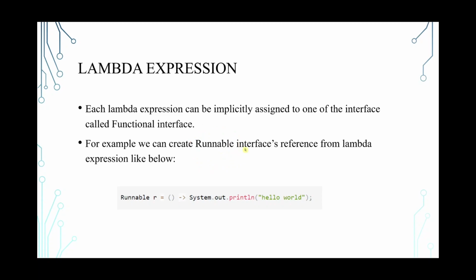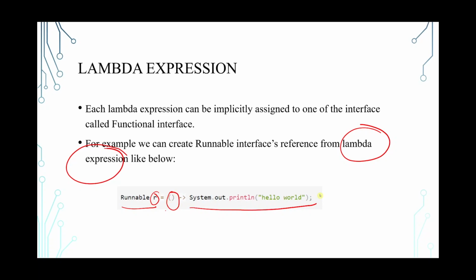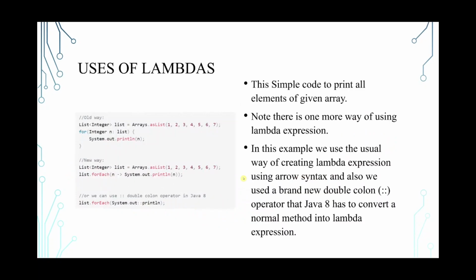This Runnable interface is a functional interface, so we can use it with a lambda expression, like below. Now you can see Runnable r equals empty parentheses and print hello world. This statement is going to be run in a single thread, not a whole process, just a thread of that process.